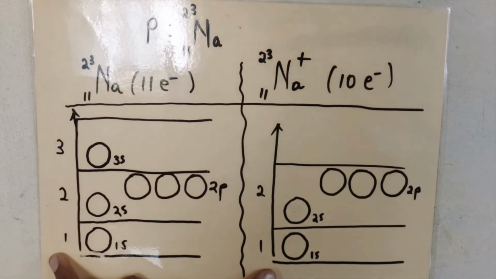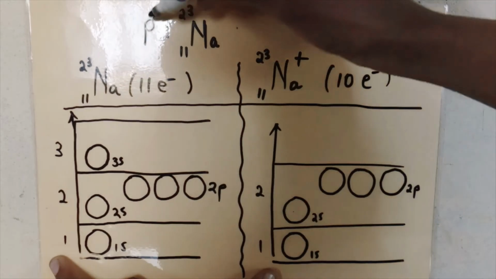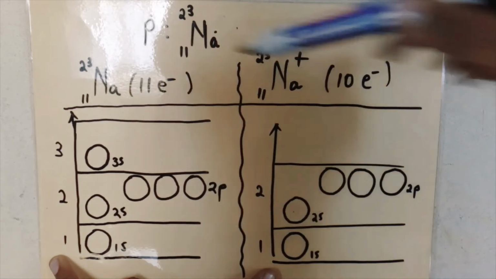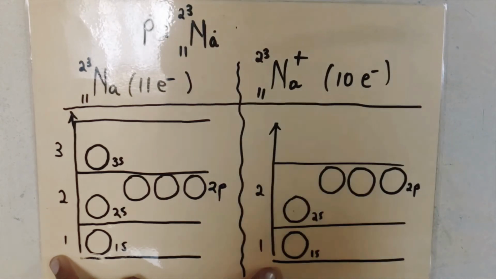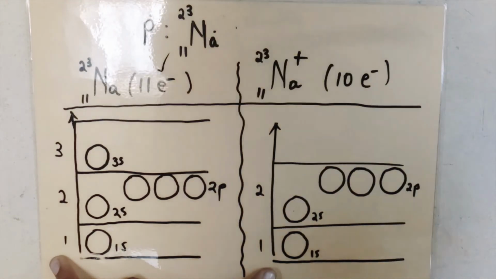Okay. So question 4.5 says, how many electrons does an ion of element P have, and then the second part of the question is for you to draw the Aufbau diagram for this ion. So we've already identified that the element P is sodium, which has 11 electrons. So we know that it has 11 electrons.